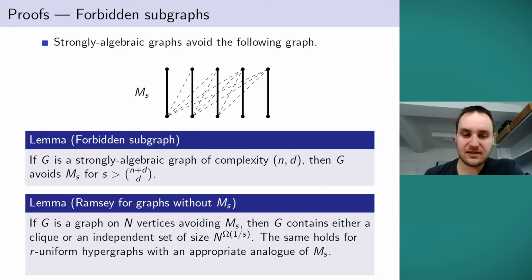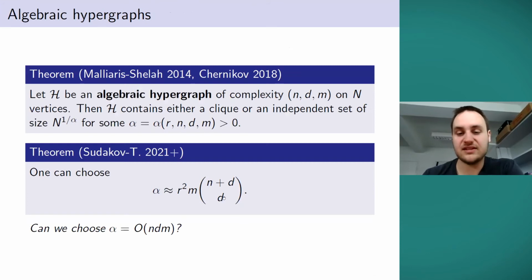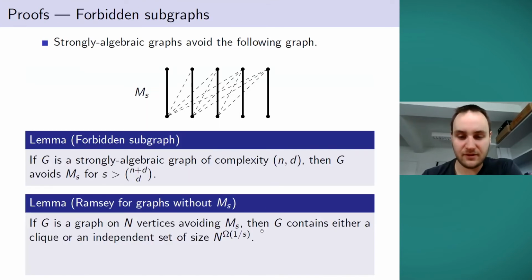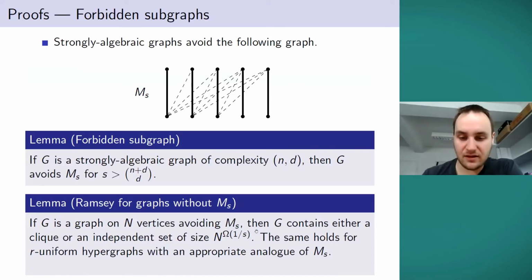And so this alone already proves the result that we wanted, because our S was m plus D choose D, and then we get this exponent, n to the 1 over m plus D choose D roughly.